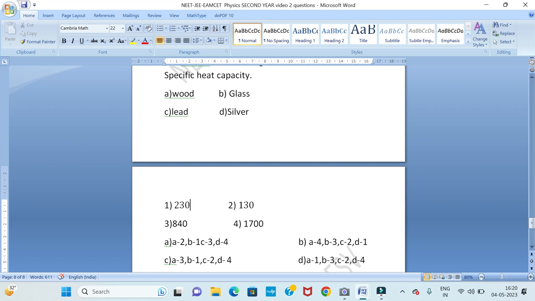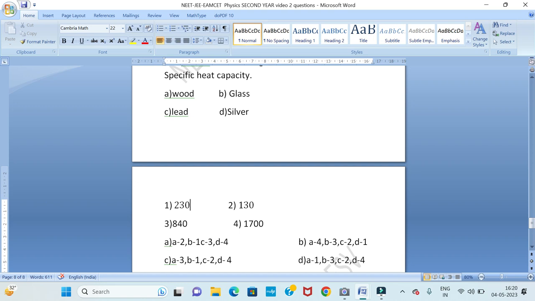Glass is 840. So I'm taking G, glass. Guard. Guard is the keyword, G-O-D. So G plus 1, that is 8.